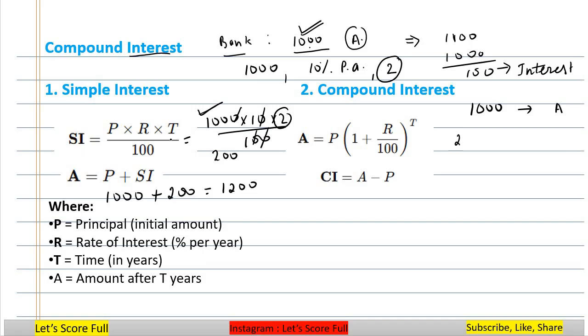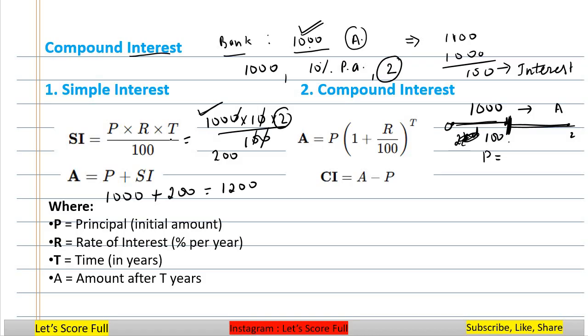So here it is 2 years, so 0 to 1 year, then 1 to 2 years. Here the interest accumulated was 100 rupees. So for the first year, the principal was 1,000. But for the second year, that is at the end of the first year, the principal will change.